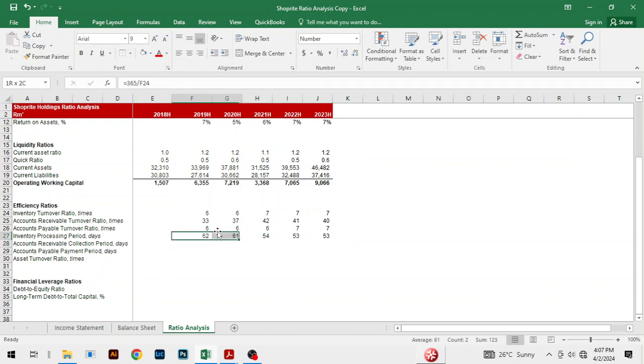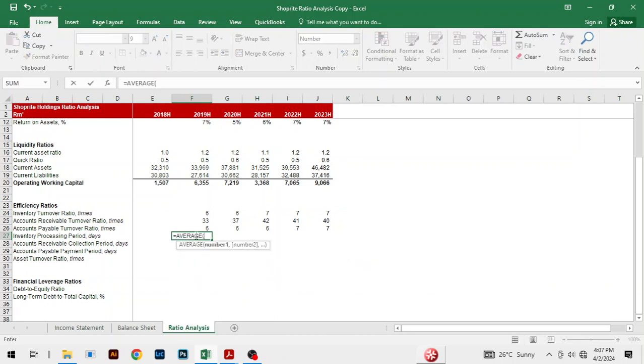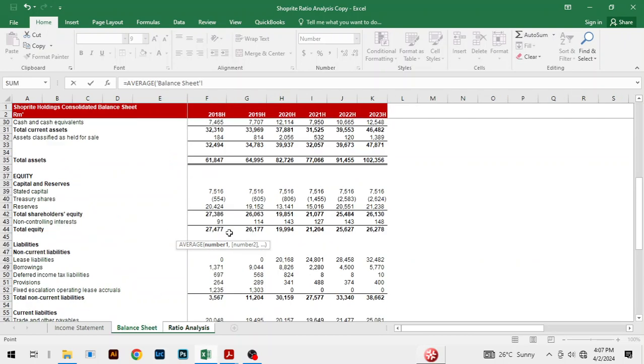So I just want to quickly show you another way as well. Another way would be to say, okay, we are saying average, right? So we're going to take average. So we go to the balance sheet, right?